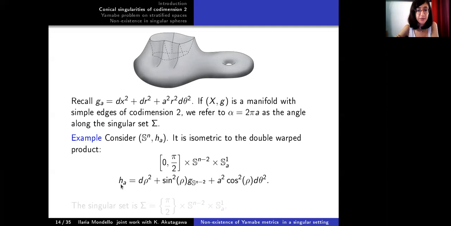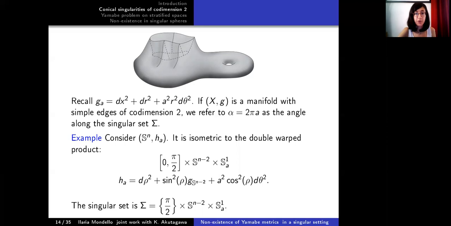It is not that difficult to see, when you consider this double warped product metric and its asymptotics when rho goes to 0 or rho goes to π/2, that when rho goes to 0 you don't have any singularity, but when rho goes to π/2 you find the good asymptotics and you have a conical singularity of codimension 2 along this S^(n-2). So again, the singular set of the singular spheres is a great circle of codimension 2, and it has angle 2πa.